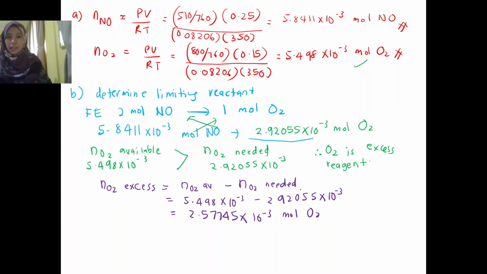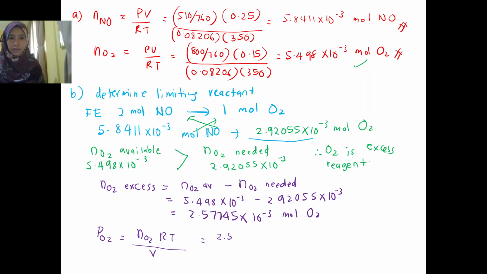And we can calculate the partial pressure of oxygen. So as usual, use PV equals nRT. So P oxygen equal to mole oxygen RT over volume.